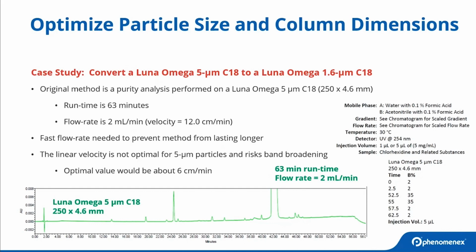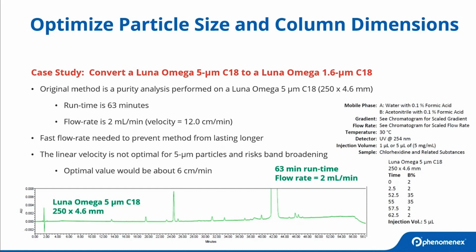The flow rate is aggressive, admittedly, for this method, but had we used a more ideal flow rate for this column, we perhaps would be looking at a 90-minute or perhaps even a 2-hour method. So 2 milliliters a minute generates a 63-minute method here.